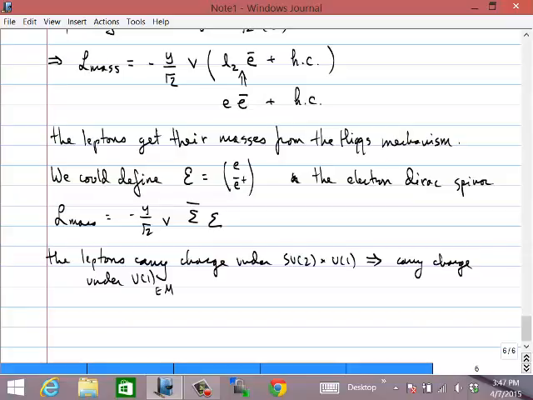And so we could go ahead and work that all out. Okay. So in particular, remember that in the covariant derivative, the charge terms, the couplings to charge, well, they'll look like this.